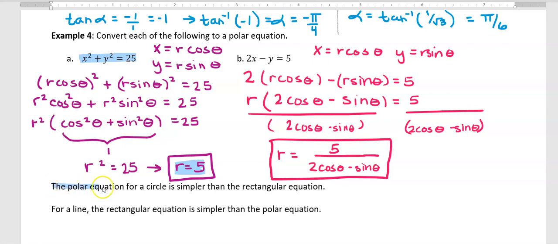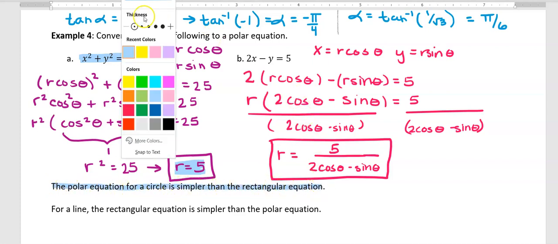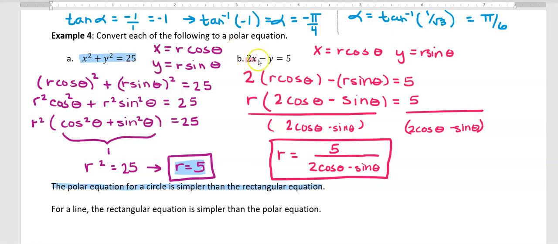So the second one is an equation of a line, right? So this one is an equation of a line here. And so that's 2x minus y equals 5. We, of course, could solve that for y equals mx plus b, or just leave it in this form.